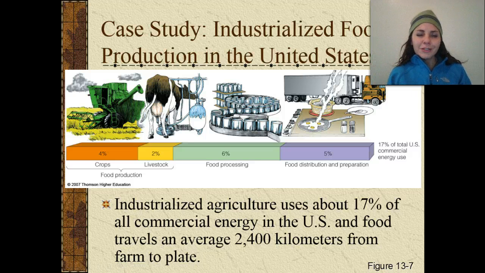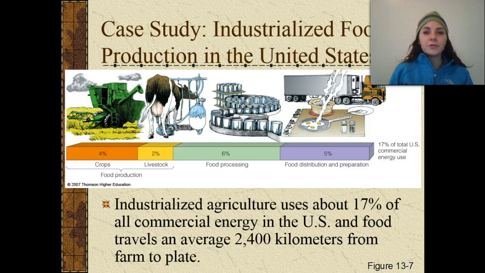So as with most lectures, we have a case study that goes with this. One of the things that we're looking at now is how the industrialized food production in the United States affects our soil. A lot of energy is expended on food production. Looking at this right here, we have industrialized agriculture that uses about 17% of all commercial energy in the United States, and food travels around 2,400 kilometers from farm to plate.